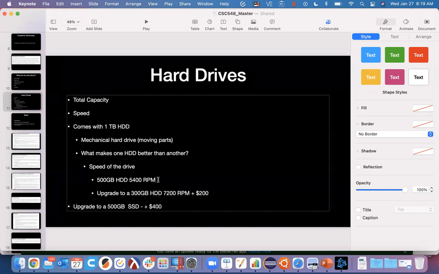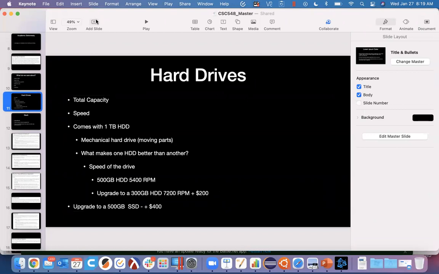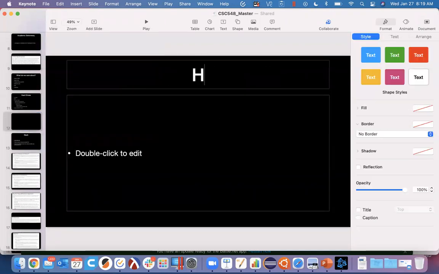Now, even in some laptops, you would have had 4,200 RPM drives, which would be even slower. So the idea is that for a mechanical hard drive, the faster it spins, the faster the drive is, because, and let me jump to another slide here.